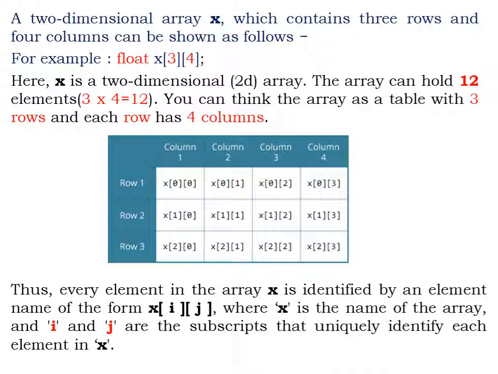When I say 0, 1, that is the first row and second column, so I will be accessing the second element stored inside the two-dimensional array.